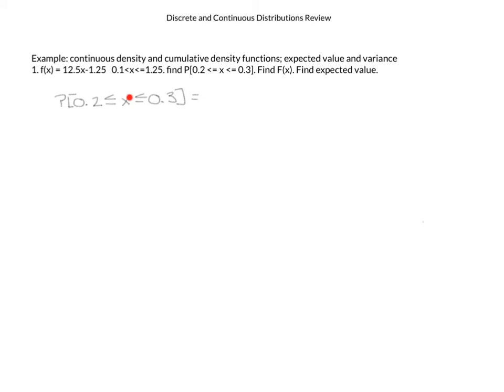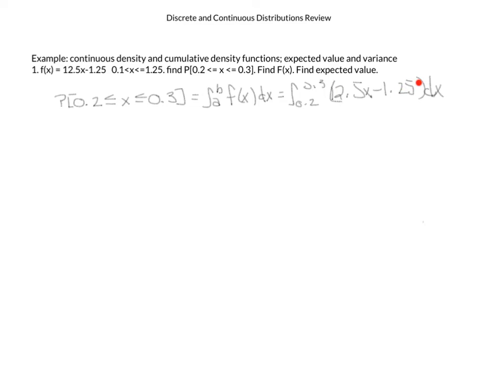To find the probability that x is between 0.2 and 0.3, I'm going to sum up the probabilities for the values of x between 0.2 and 0.3. Or actually, because it's continuous, I'm going to do the analogous version of summing up, and I'm going to integrate. I set up my integration between 0.2 and 0.3 because that's where I want my values of x to be, and I plug in my function f of x, which is 12.5x minus 1.25.